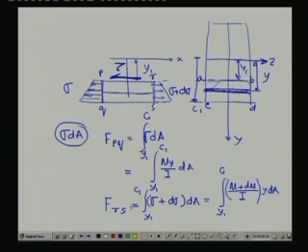You can very easily understand that if sigma on both sides were equal, that means if the beam were subjected to pure bending, no shear stress is present. But the moment there is a change in bending moment from this section to this section, a stress comes into the picture, which we call the shear stress.